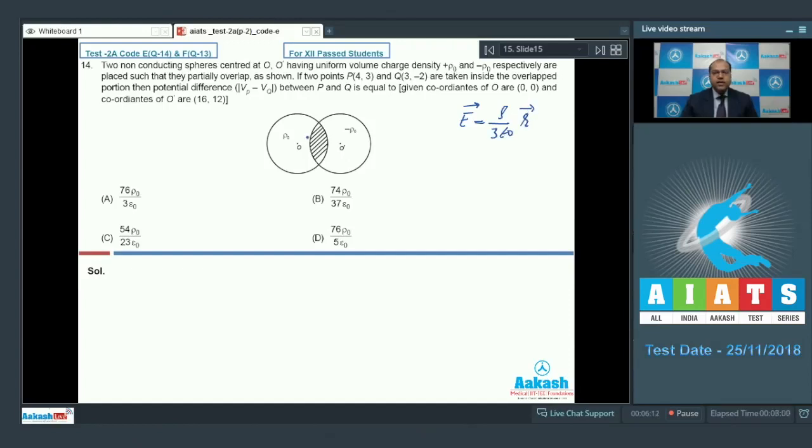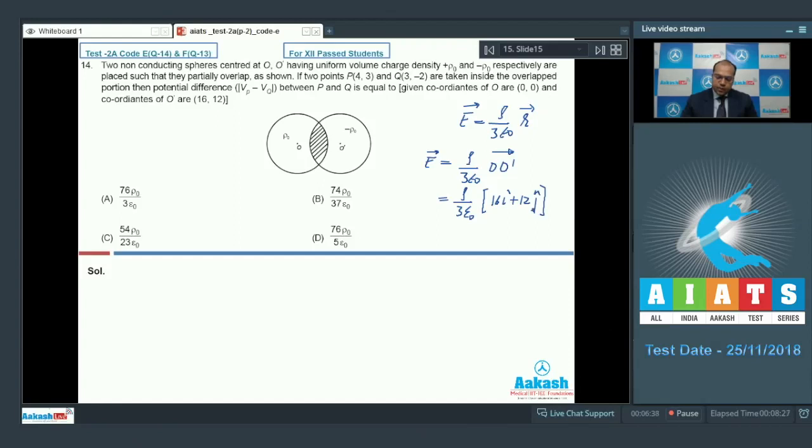So if I calculate the electric field intensity in the overlap region because of these two spheres, then the electric field comes out to be rho upon 3 epsilon naught into OO' vector, or I can write rho upon 3 epsilon naught into OO' vector is equal to 16 i cap plus 12 j cap.